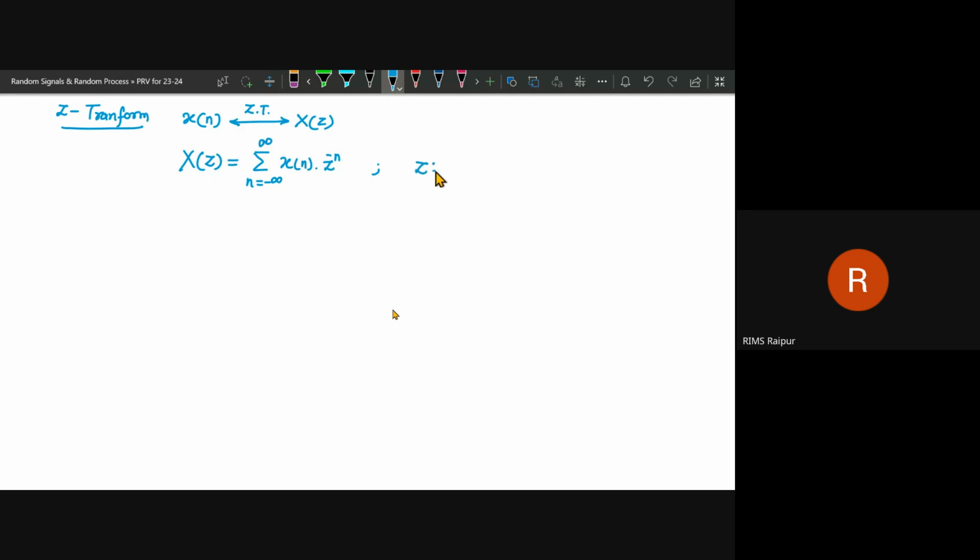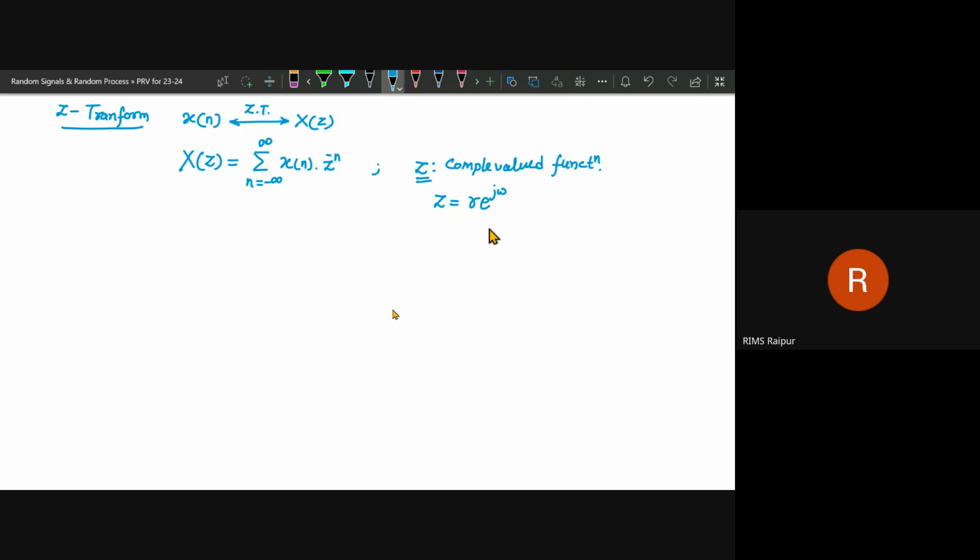The mathematical expression is X of Z is equal to summation n equals minus infinity to infinity of x of n into Z to the power minus n. This expression is used to convert a time domain sequence into Z domain. Now what is Z? Z is basically a kernel, which is a complex valued function. It is similar to S which we have studied in the Laplace domain. So the equivalent of S is Z here. Z will be represented as Z equals R e raised to power j omega.